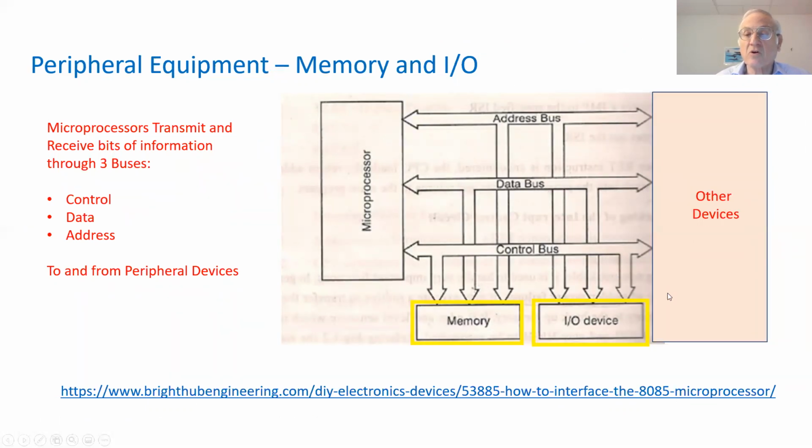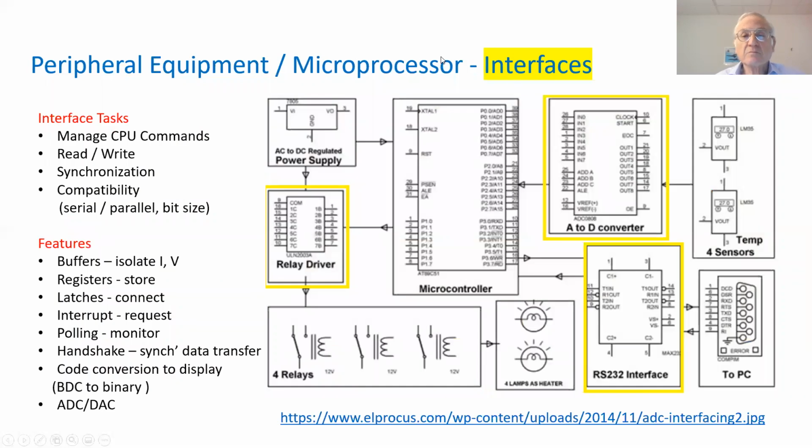They all go to all the devices. And then we have to make sure that the information between the device and the microprocessor or microcontroller is being synchronized. And that's basically what the adapters of the devices have to accomplish.